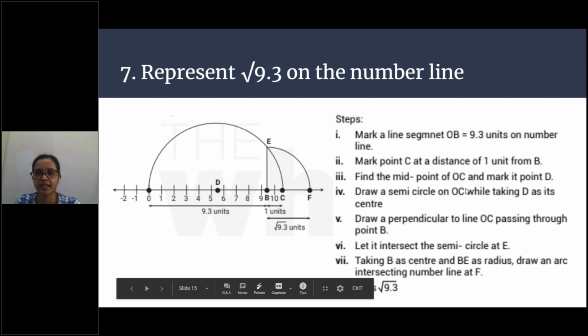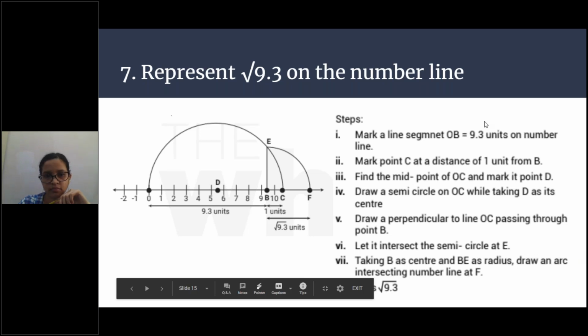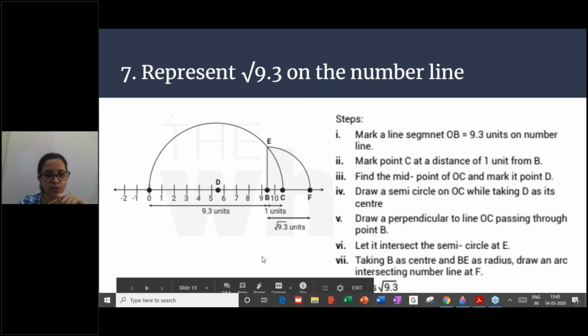Here, these are the steps, in case you want to note down the steps, chapter notes. Done, Ryan. Okay, we'll move on to the next one.